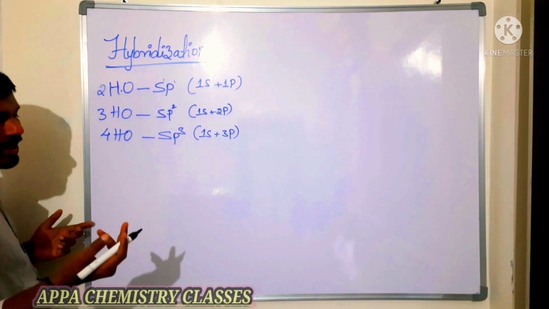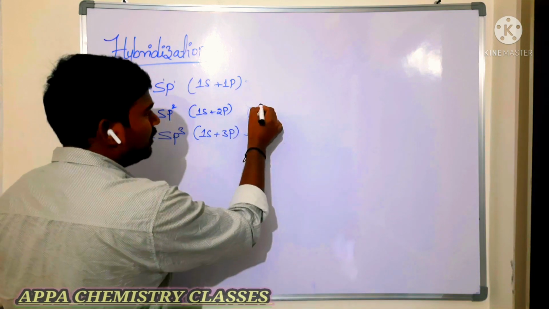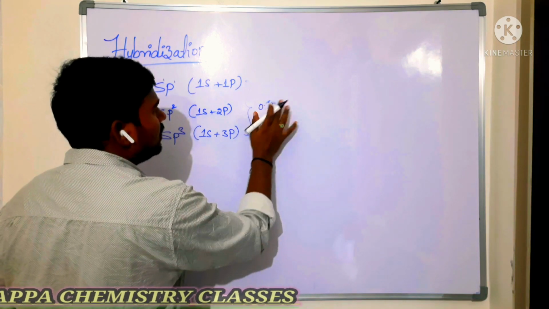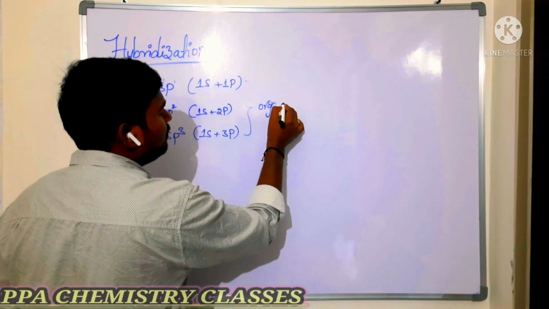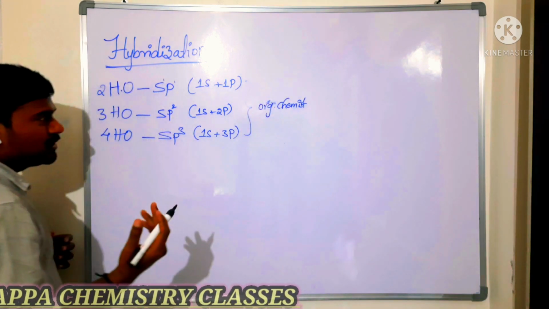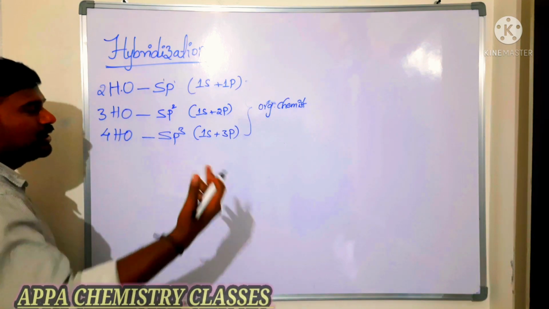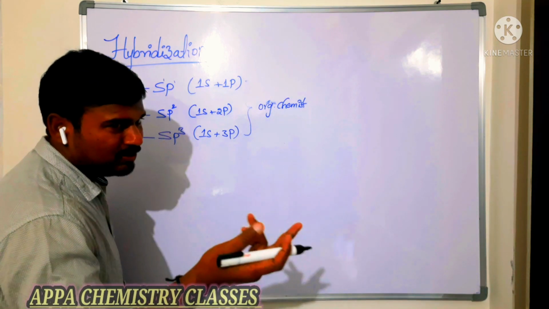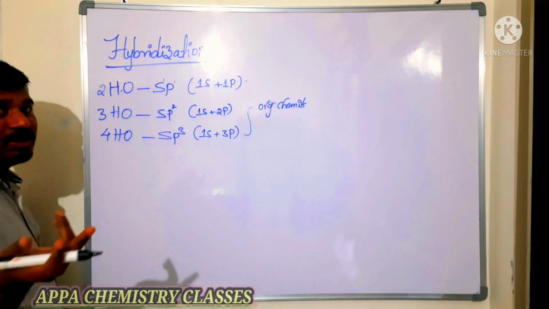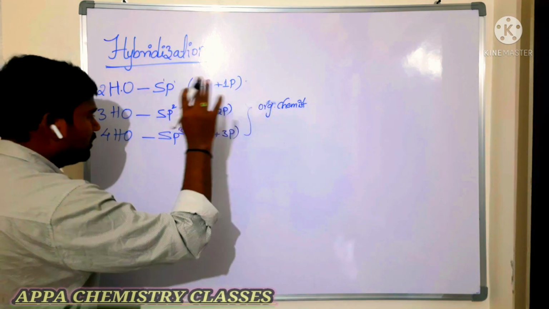These three hybridizations are the only ones possible in organic chemistry, because carbon does not have a d orbital, so it does not participate in dsp2, sp3d or sp3d2. The d orbital will not participate in hybridization in organic compounds.